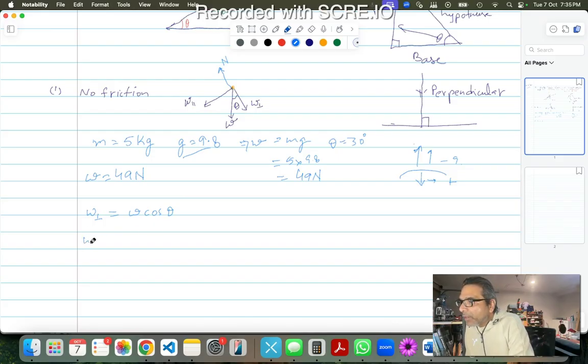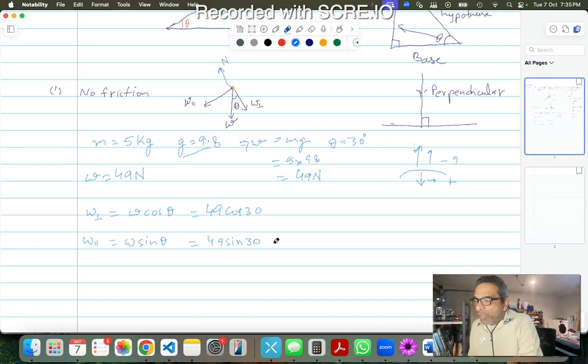And the parallel one will be sine theta. Got it? So in this case, we have W is 49, we have 49 cos 30, and then 49 sine 30. Now you have to remember these values.